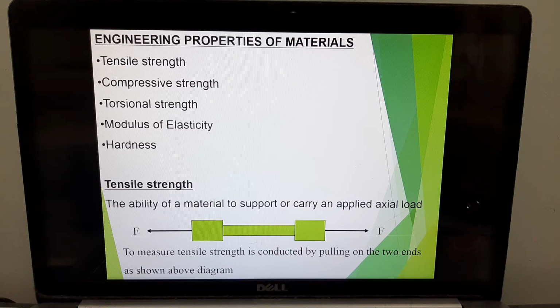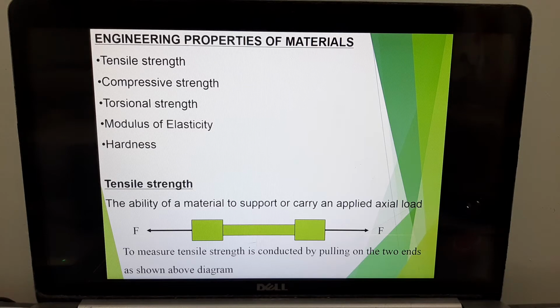As opposed to that, inorganic materials are man-made, for example ceramics, polymers, plastics, glass. The advantages are that these materials have high resistance to heat, so they can be used in high temperature applications.